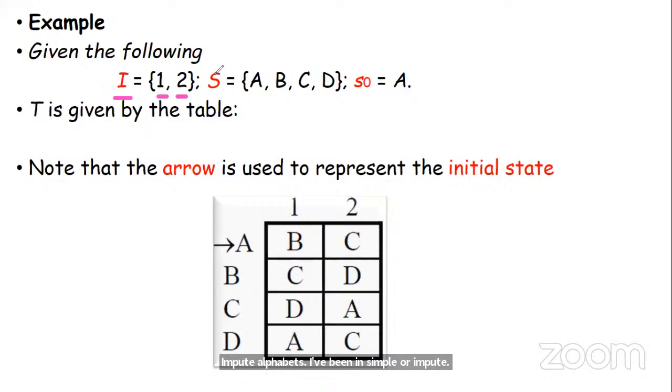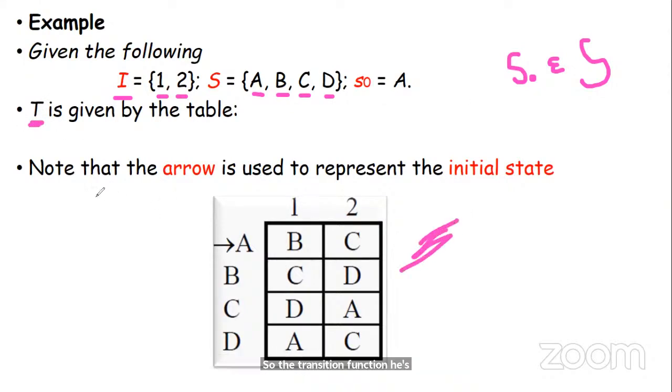Then we say that we have our states given as A, B, C, and D. And it has been established that S naught, which is an element of big S, is the initial state, right? So the transition function is given by this table here.